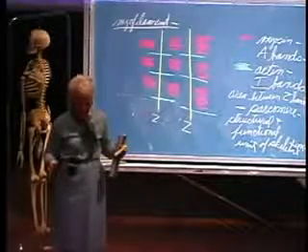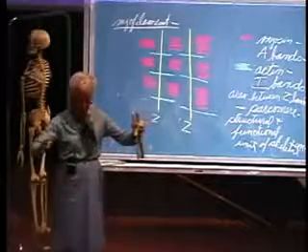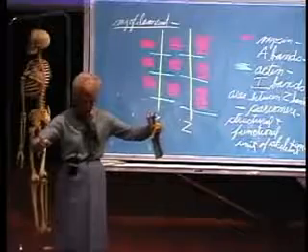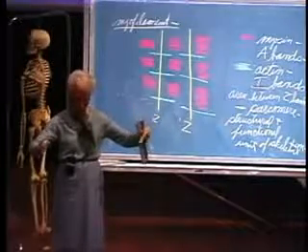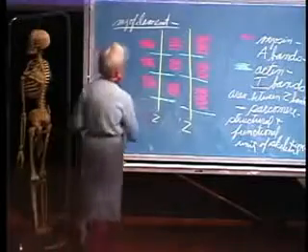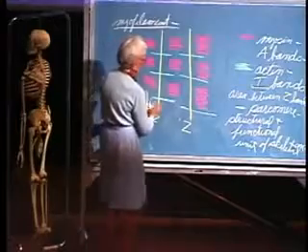Haversian system. The canal is only the part with the blood vessel. The system is the whole piece of bone with the lamellae, the lacunae, the whole unit is a Haversian system.